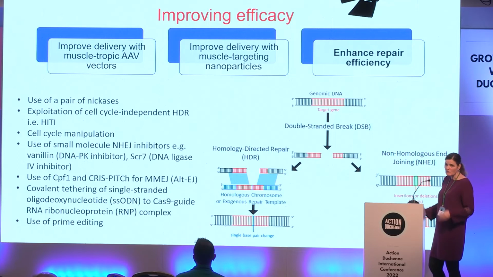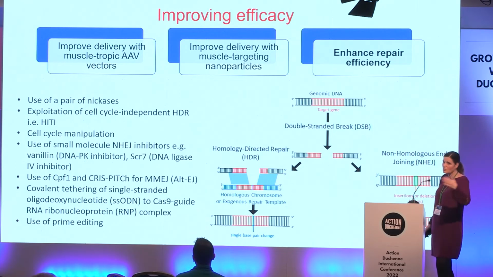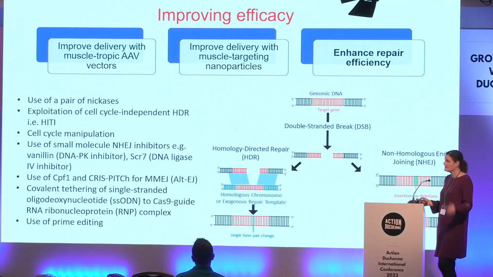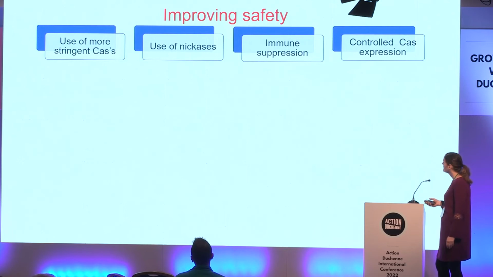I won't go through them all, but basically gene editing using CRISPR is a really rapidly moving field. Every week virtually there's a new tool being described. So things are improving, but it's all on the bench science level rather than clinically. But we can exploit that to try and develop a more efficient repair strategy.